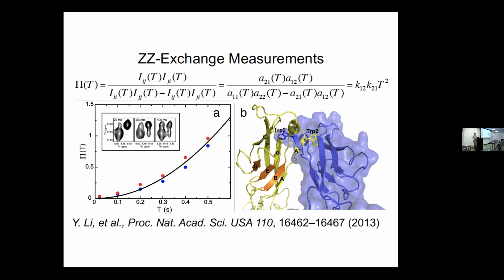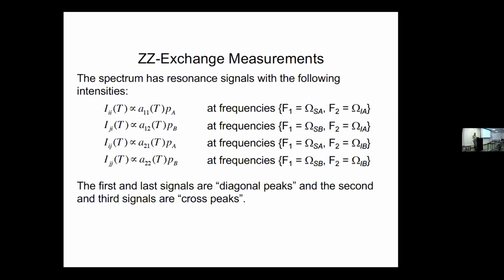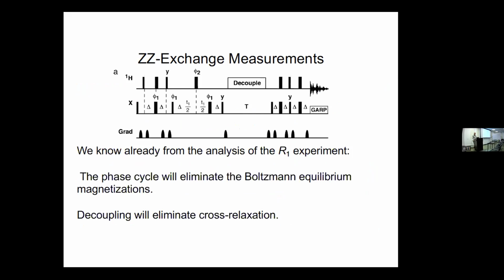The downside is you just got the product. So to deconvolute the product, you had to have the equilibrium constant, which meant you needed to record an HSQC in which the peak intensities reflected the Boltzmann populations. And that's not so easy because, of course, there can be differential relaxation of the two sites if their R2s are different.